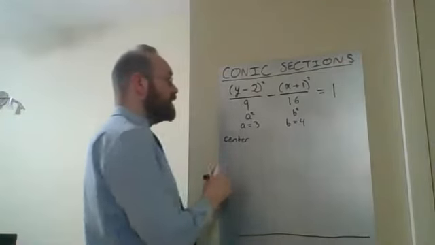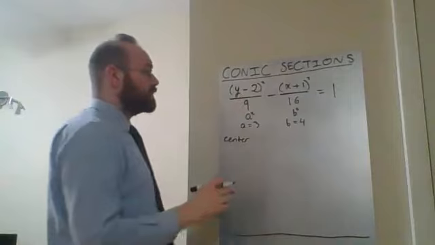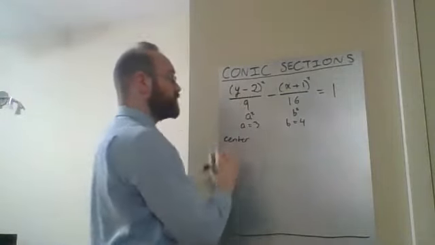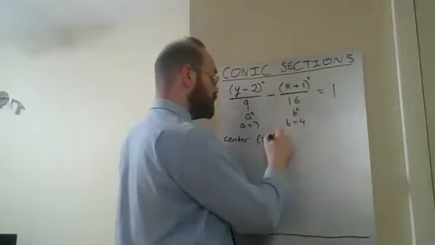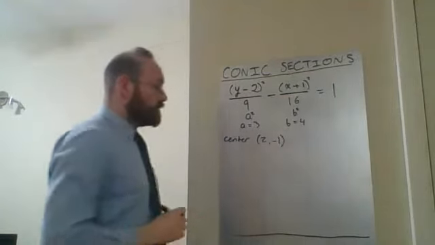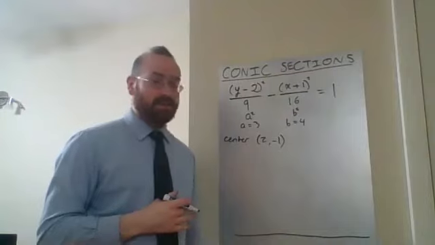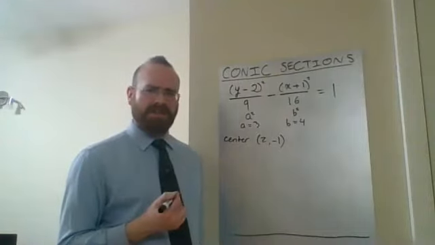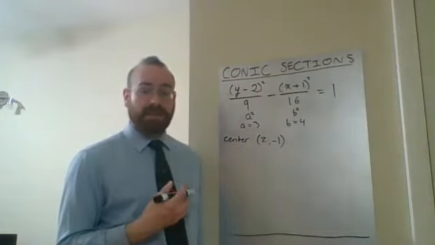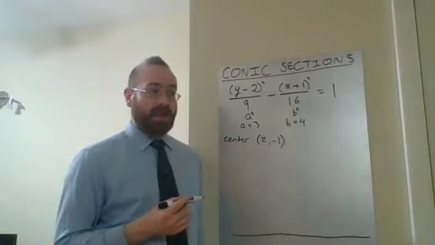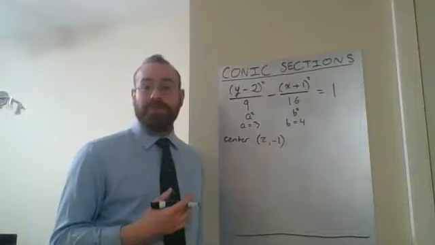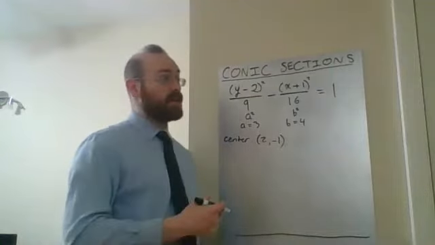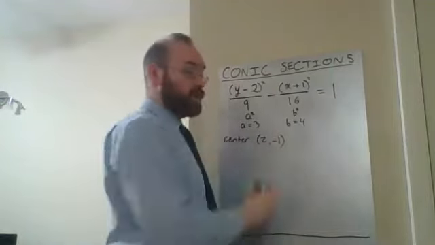So our center is going to be, look at the first term, we have 2, and then from the second term, -1. And hopefully, as I was going through that, you're like, something's wrong. This is incorrect, because it is. When we're looking with an ellipse, we always put the x term first. So it's really easy to read the x coordinate and then the y coordinate.